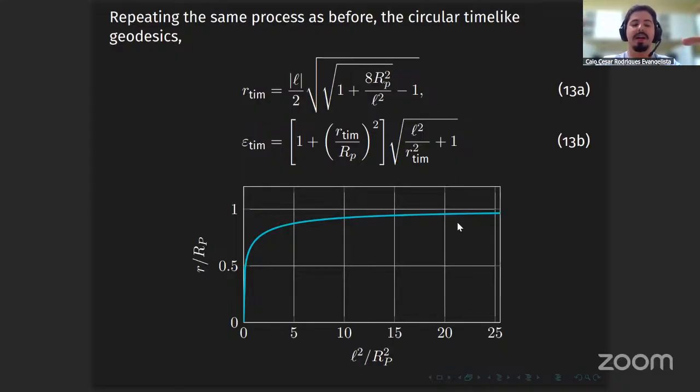However, as you increase the angular momentum of these time-like geodesics, they approach the photon ring. And the photon ring always has a radius much larger than these time-like orbits. So that's also a nice feature that happens in the platypus.